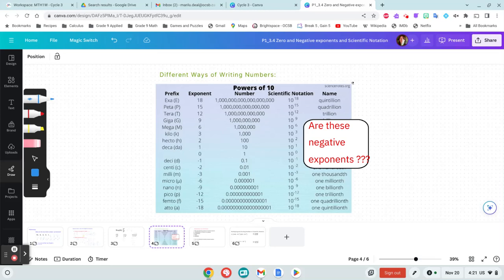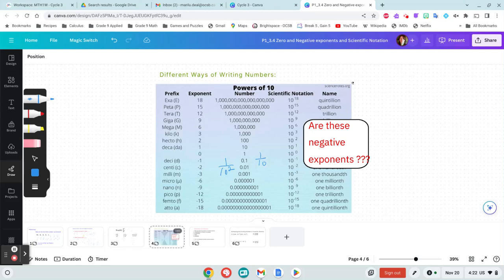If it was positive, it was a number that was getting bigger and bigger and bigger. So in this case, these exponents are negative. So I can rewrite 0.1 as 1 over 10. 0.01 would be 1 over 10 squared. So that negative exponent that we just introduced still applies right here.